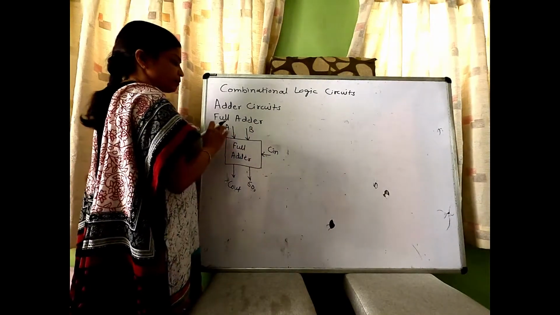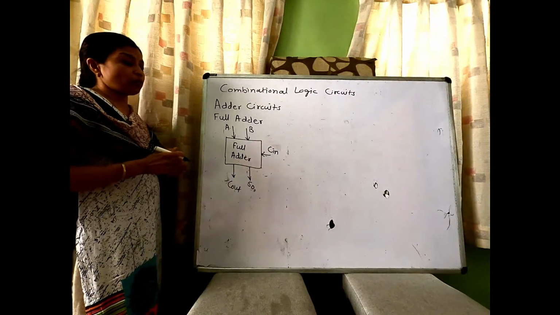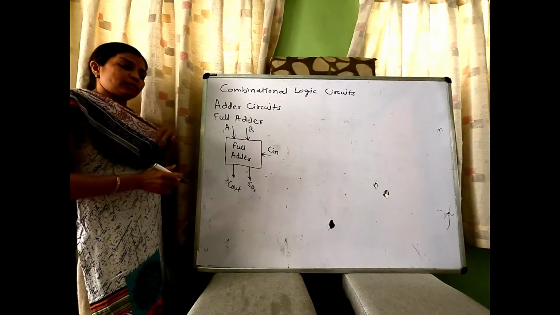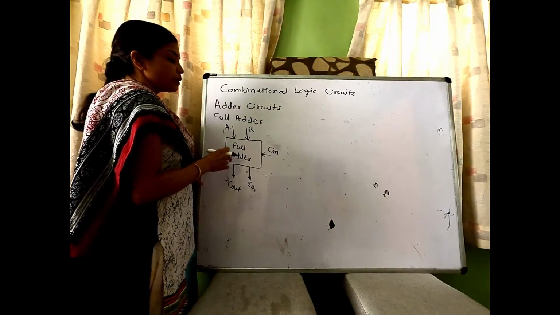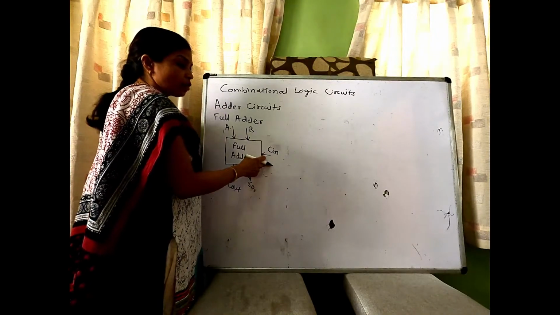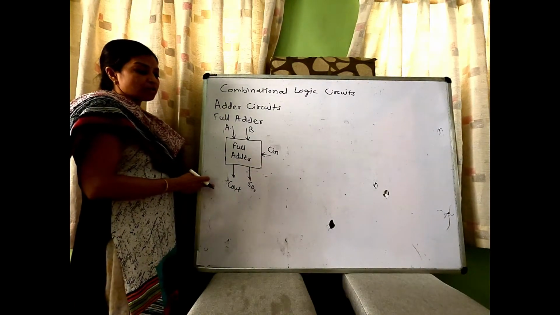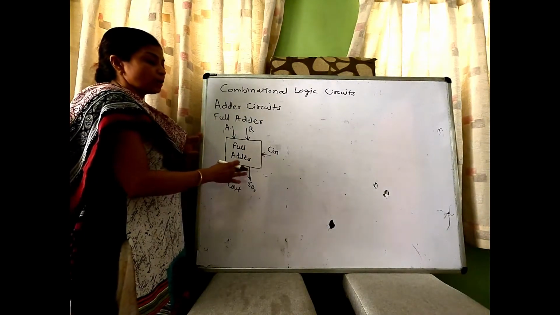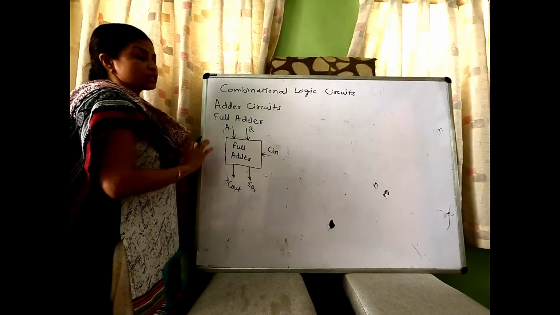There is one disadvantage in the half adder, that we can add only two single bits. And here in the full adder, we can add 3 bits, and because of that, any number of bits can be added with the help of a chain of these full adders.